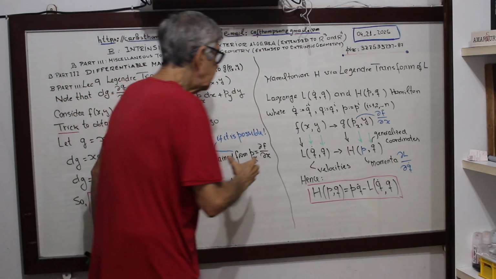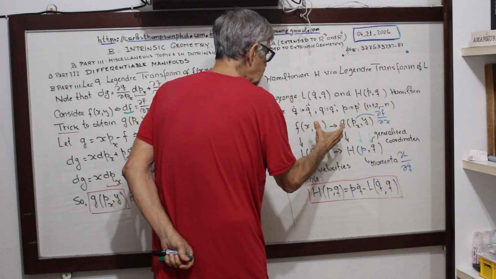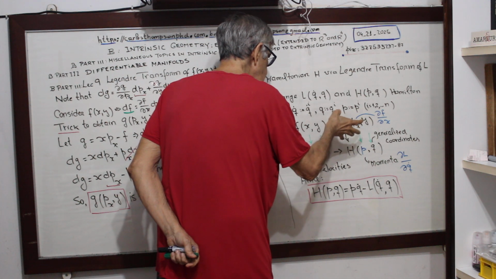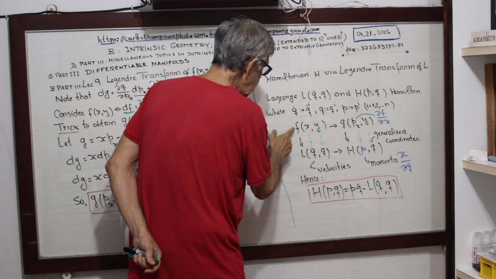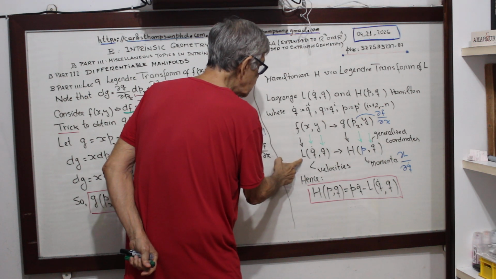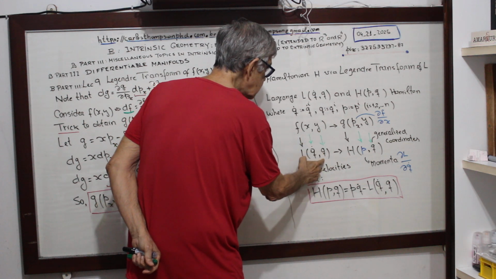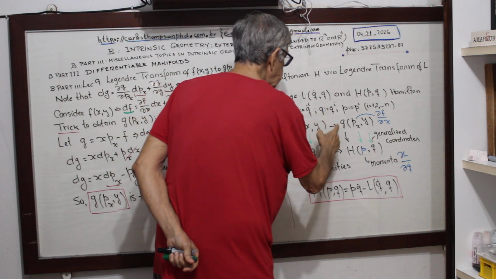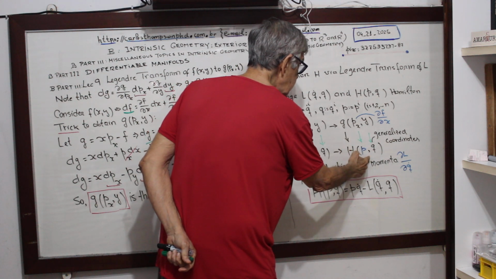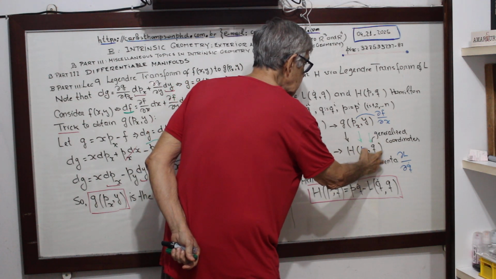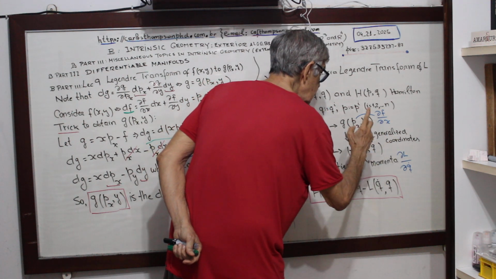Now, that's what I want to emphasize, the analogy between f and L, the Lagrangian. x is q dot, y is q. Now, g is H, px is p, y is q. So q is the generalized coordinate, p is the momentum.